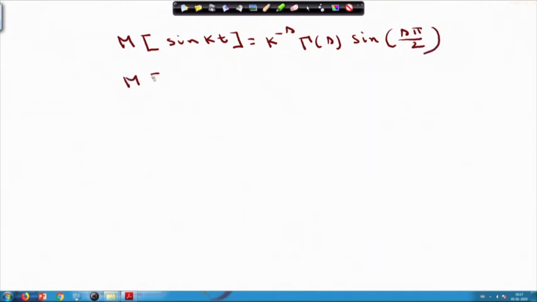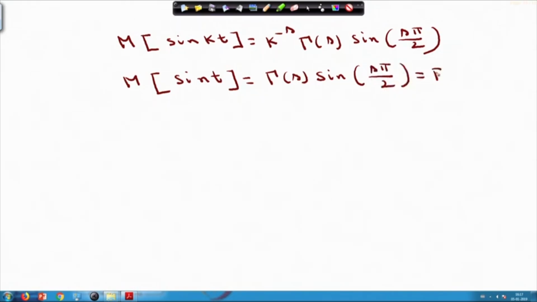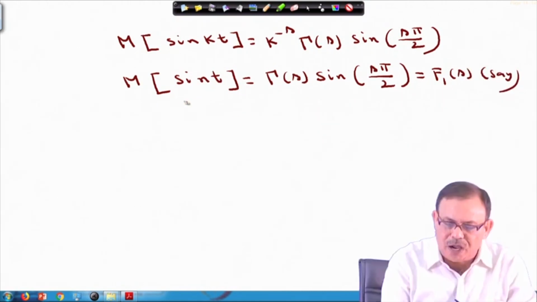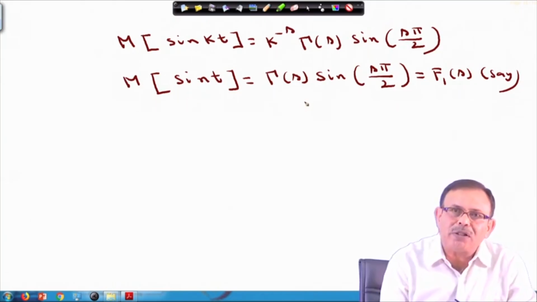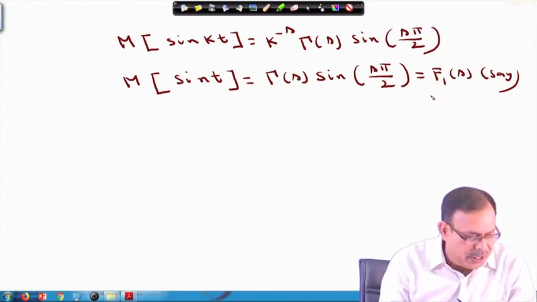So, for the Mellin transform of sin t, putting k equals 1, this equals gamma s into sin of s pi by 2, which I am assuming as f 1 s.